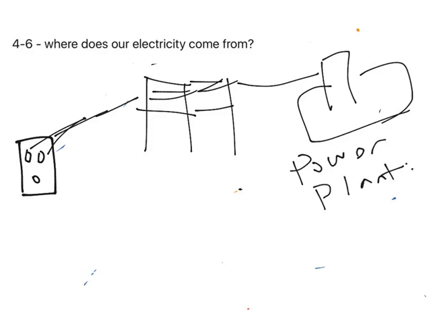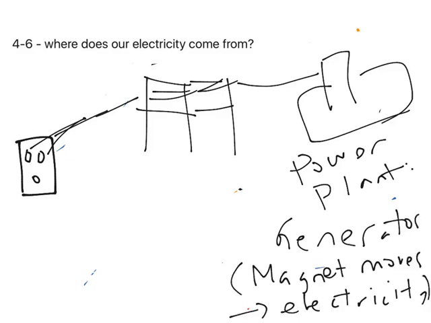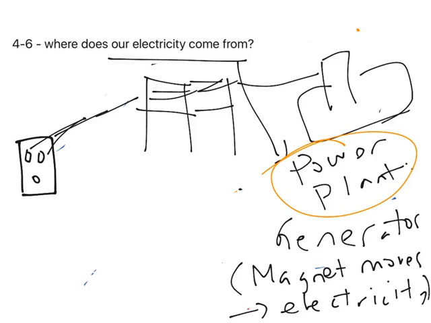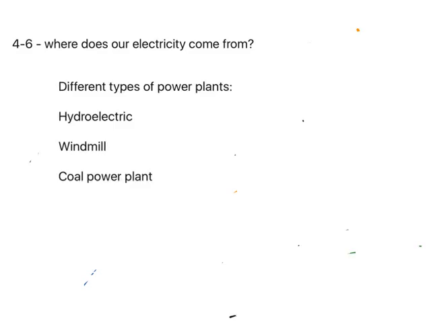The power plant almost always has a generator, which we can think of as just different ways to move giant magnets so we can generate electricity. So where does our electricity come from? It comes from power plants. Power plants use generators, which just move magnets to generate electricity.